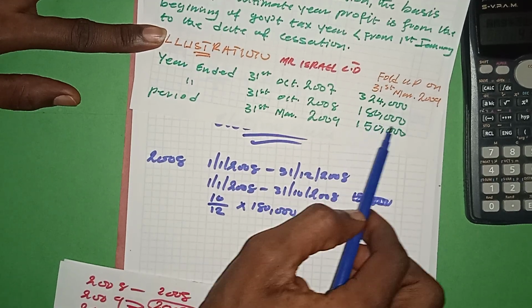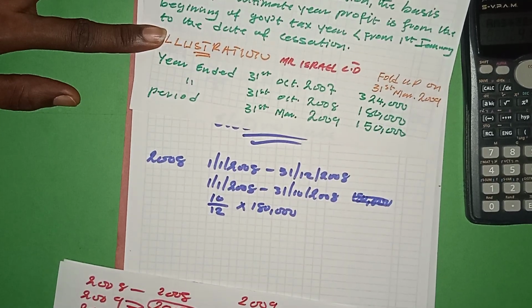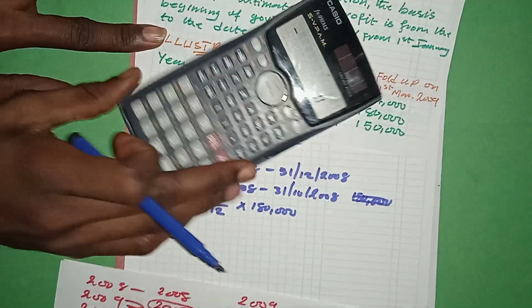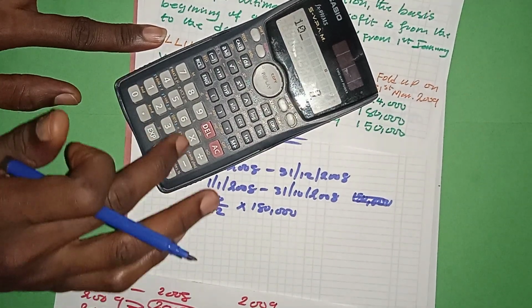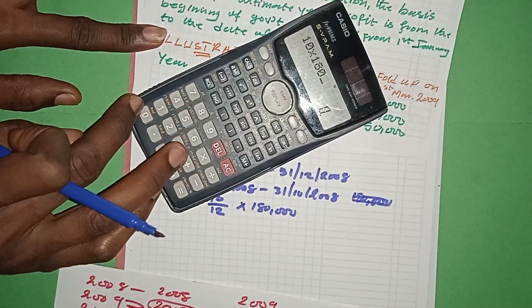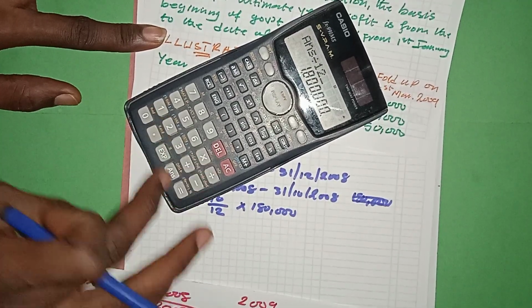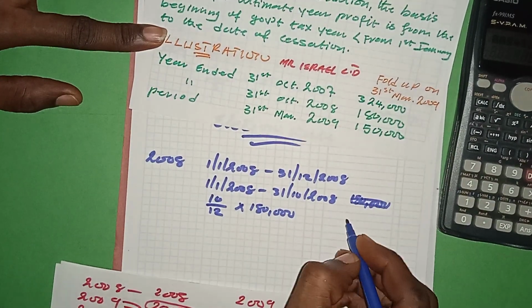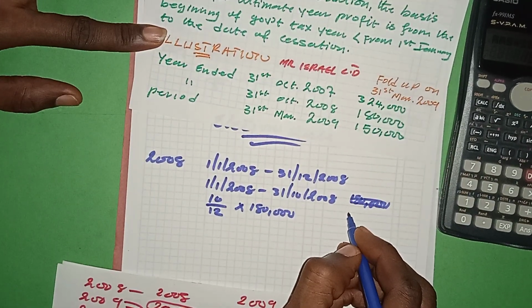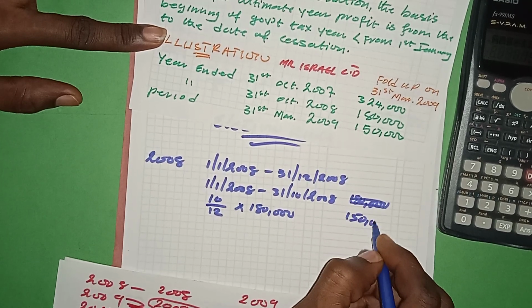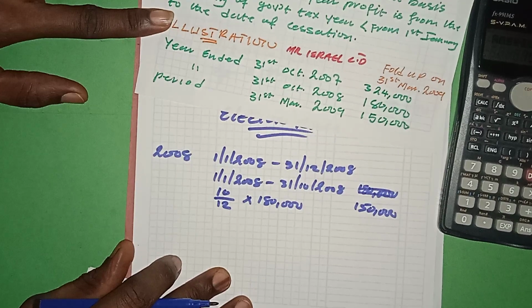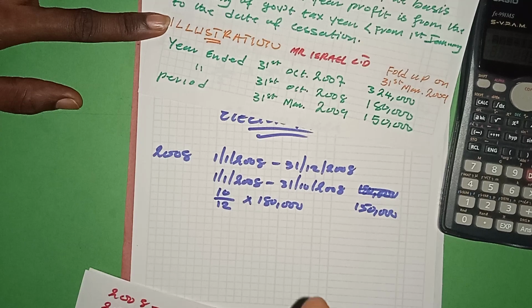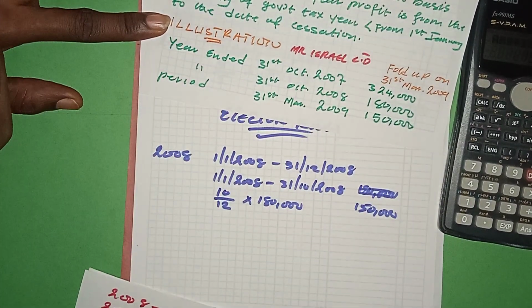Because the total figure here comprises 12 months, and we need only 10 months. So this will now be 10 times 180 divided by 12, 150. Here you have $150,000.